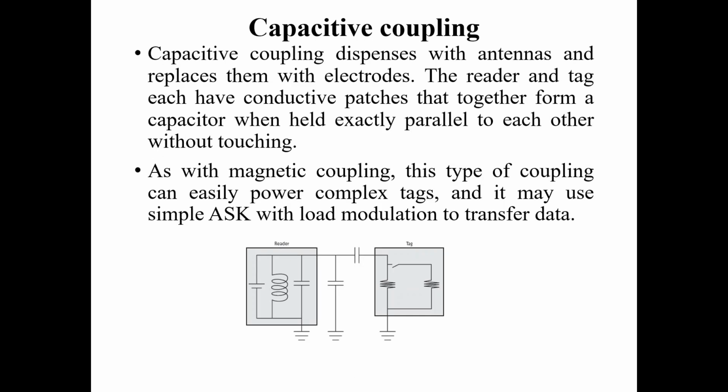The final one is capacitive coupling. It uses an electric field like a capacitor to transfer energy and data between a tag and reader over a very short range. It is mainly found in contactless smart cards and e-passports.